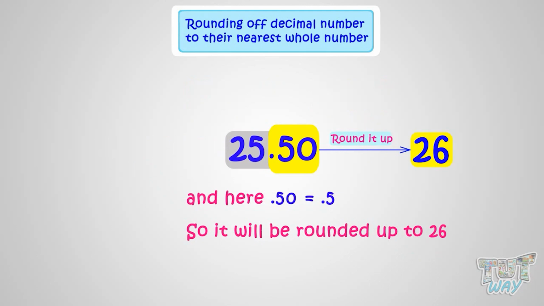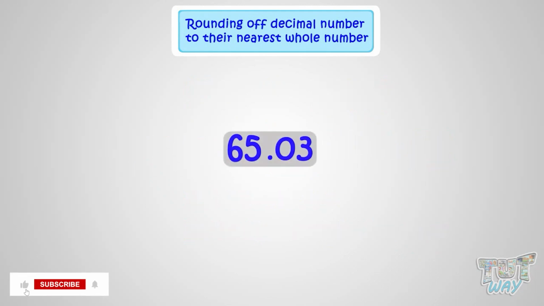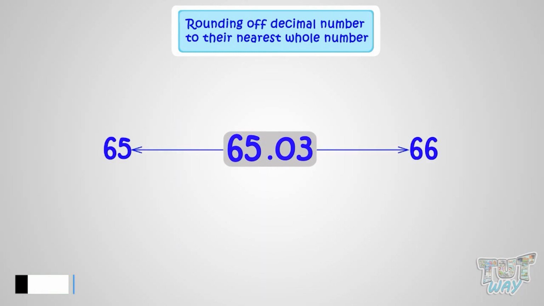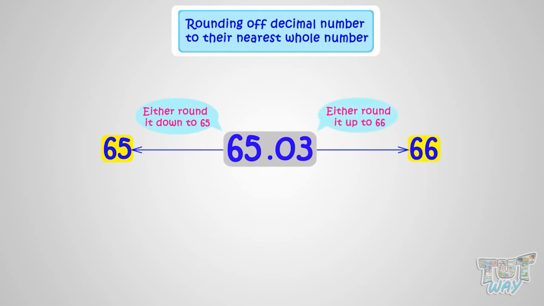Now let's learn another example. Now we have the number 65.03. We know this number is somewhere between 65 and 66. And it can be either rounded down to 65 or rounded up to 66.